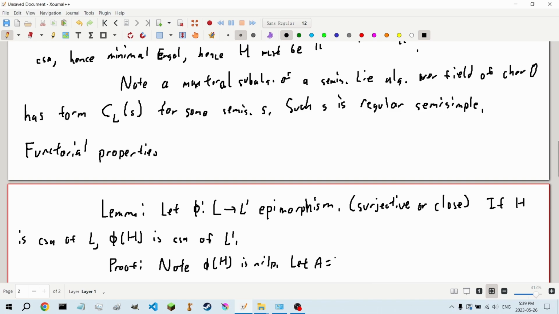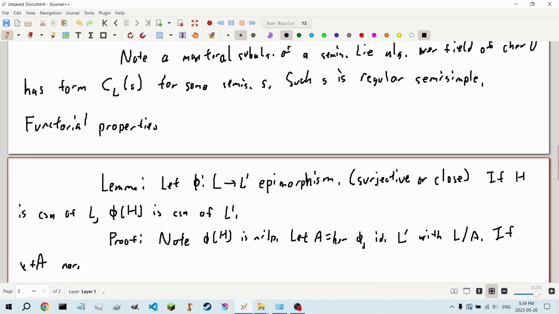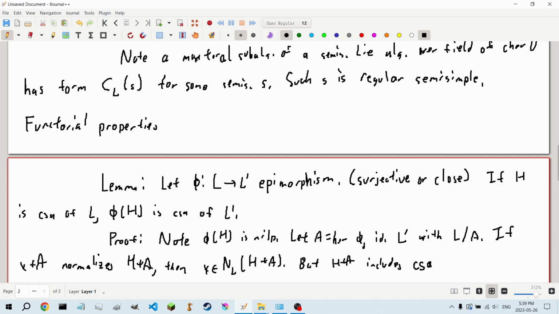We're going to let A be the kernel of phi, and we're going to identify our image L prime with L over A. If some x plus A normalizes H plus A, then x is in the L normalizer of H plus A. But H plus A includes a Cartan subalgebra, which is a minimal engel subalgebra.